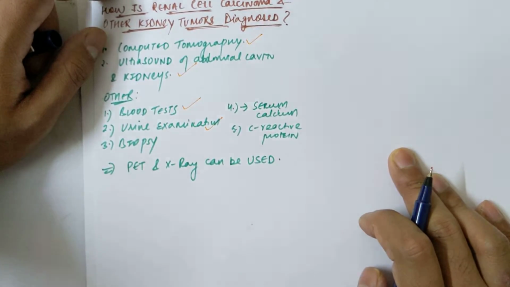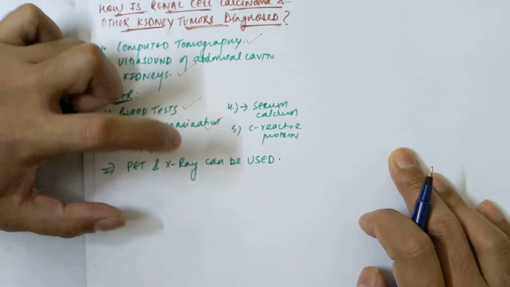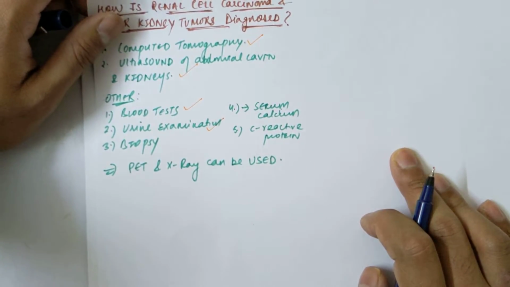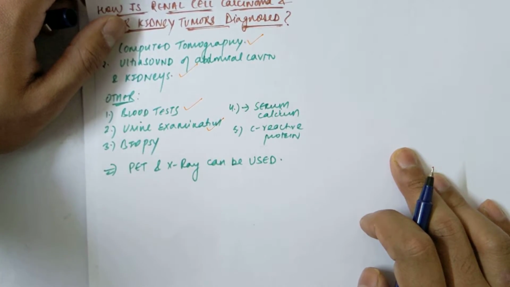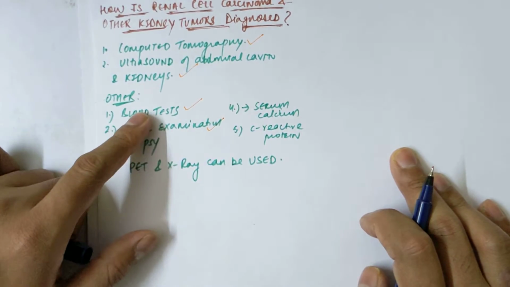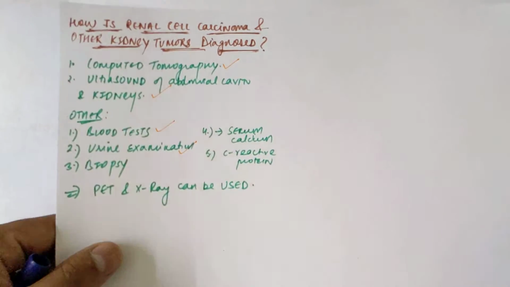We can check serum calcium level and C-reactive protein. We can do PET scans, and X-ray can be used to detect. Other blood tests include ESR levels and alkaline phosphatase level. So all these levels can be checked to detect any kidney tumors.